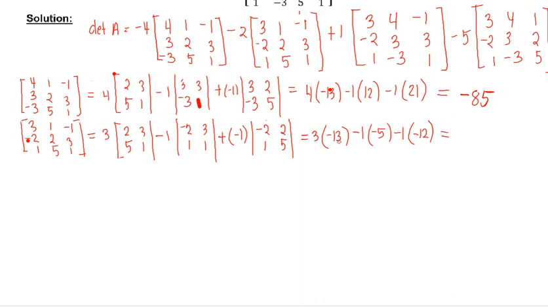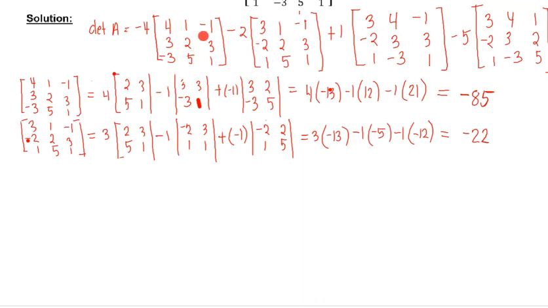So solving these values, 3 times negative 13 minus 1 times negative 5 minus 1 times negative 12, that is equal to negative 22. So kindly check if my calculation is correct. Then we're going to move on to this third 3 by 3 matrix.